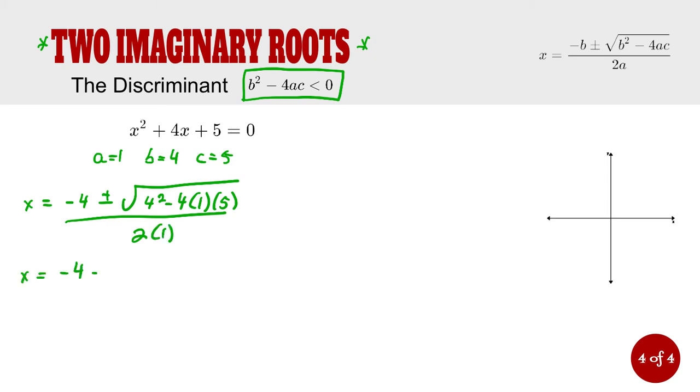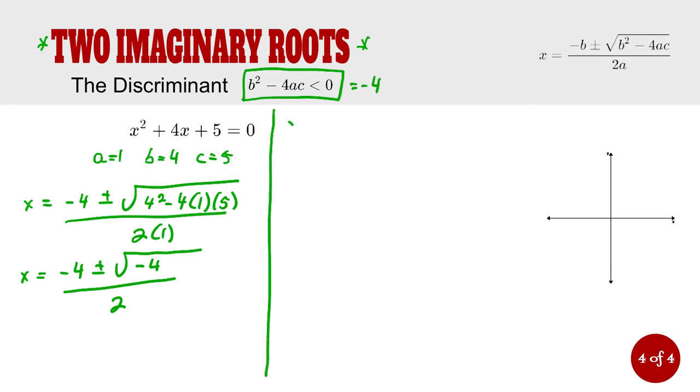This will become negative 4 plus or minus 16 minus 20, which is negative 4, all over 2. So you can see now that the discriminant is going to equal negative 4, which is less than 0. So you pull them apart. So x equals negative 4 plus the square root of negative 4 all over 2. Or x equals negative 4 minus the square root of negative 4 over 2.